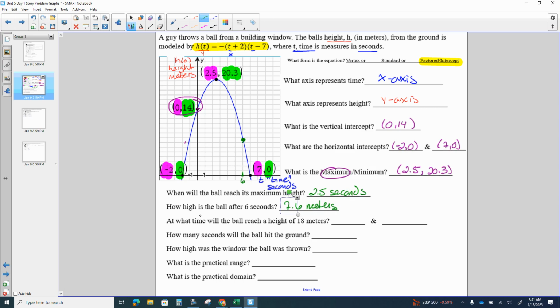At what time, so it's asking what x value, will the ball reach the height of 18 meters? What was given to me this time was the 18. Up here, this is 14, so I can go up 15, 16, 17, 18. This is where my 18 mark is, and I'm at 2 spots. I can go across and hit both of those on my graph.